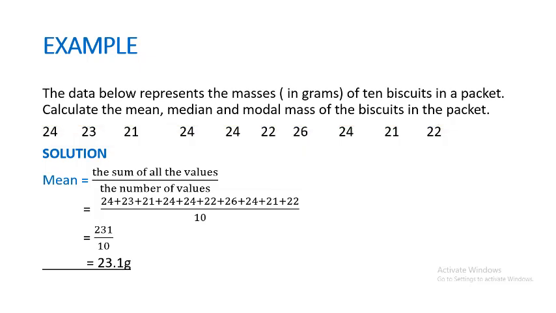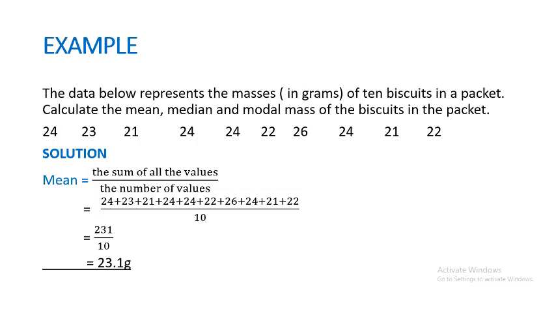We have 24 grams, 23 grams, 21 grams, 24 grams, 24 grams, 22 grams, 26 grams, 24 grams, 21 grams, and 22 grams. All these are masses in grams. So for us to calculate the mean, we say the sum of all the values divided by the number of values. The first step is to add all the given values.